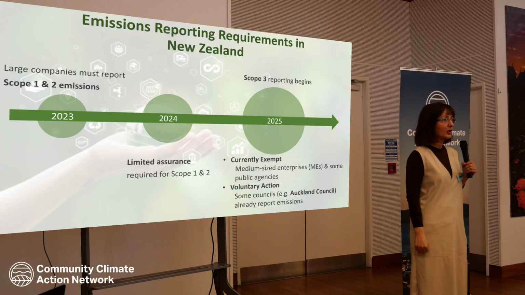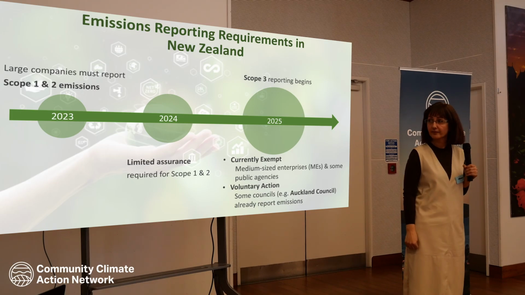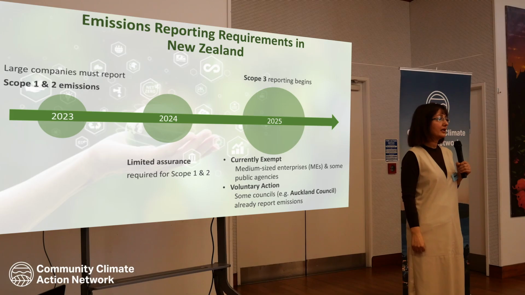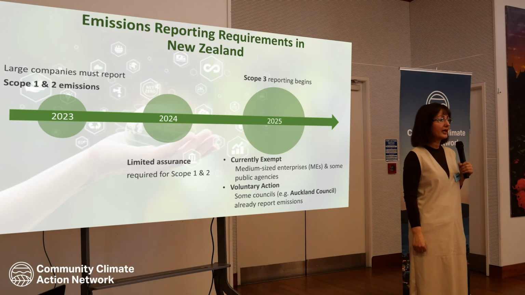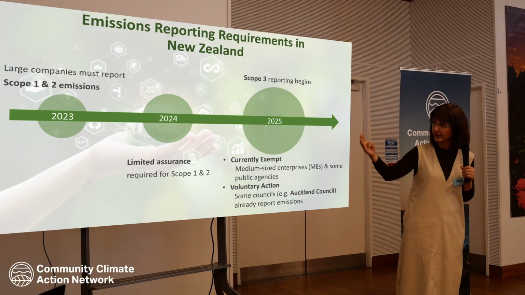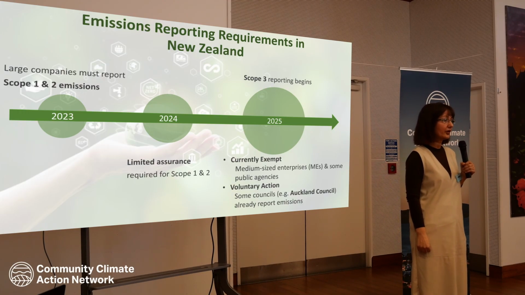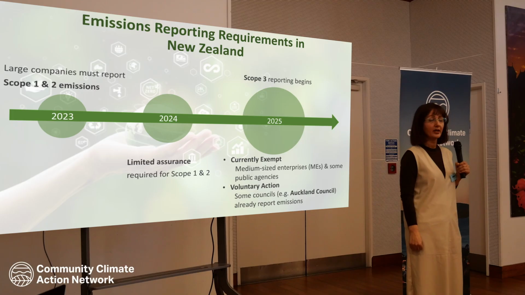Now let's explore how New Zealand law is shaping the way companies report their emissions. In New Zealand, large companies or climate reporting entities have been required to report their Scope 1 and 2 emissions from 2023. They must obtain limited assurance on the data from 2024.